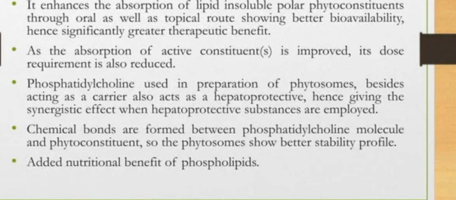So depending on the nature of the plant and the phytoconstituent used, the phytosome application will vary. The best example is hepatoprotective phytosome. Next, chemical bonds are formed between phosphatidylcholine molecule and phytoconstituents, so the phytosome shows a better stability profile, and nutritional benefits of phospholipids will also be there.